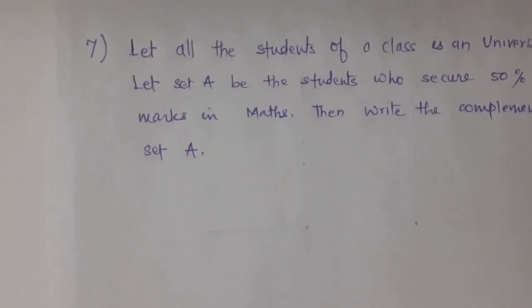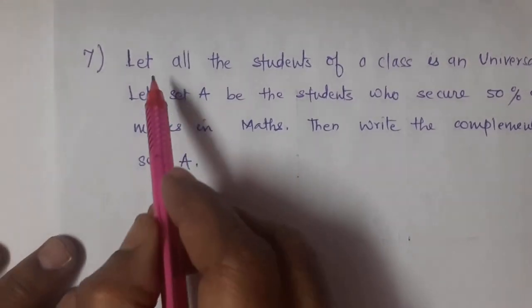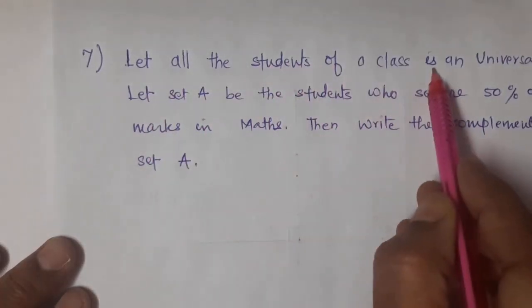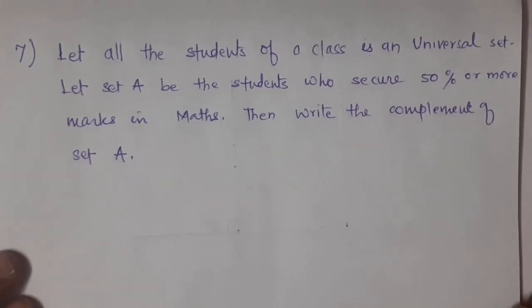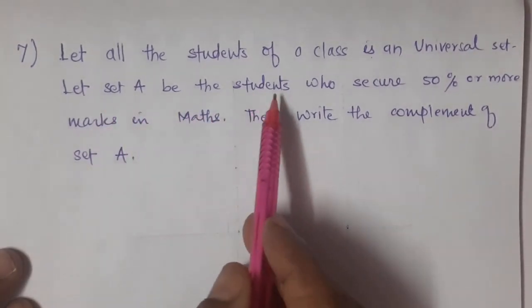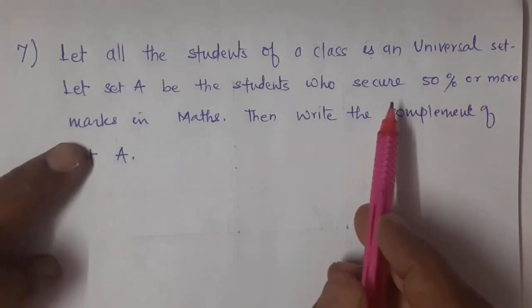Then the seventh example: let all the students of the class be the universal set. Let A be the students who secure 50% or more marks in maths.